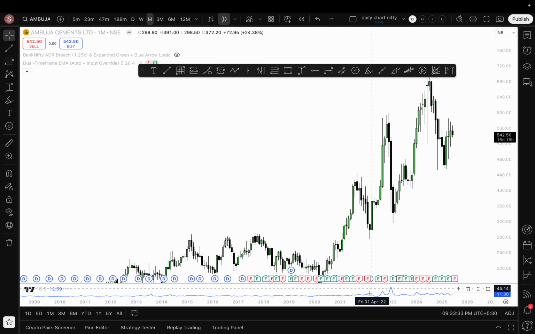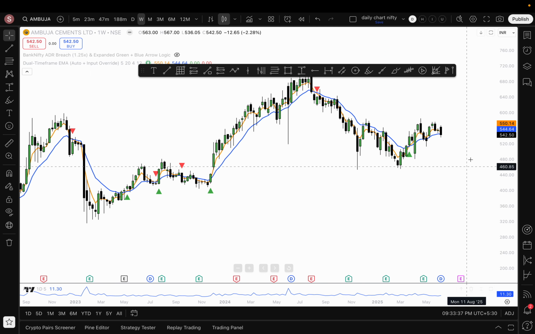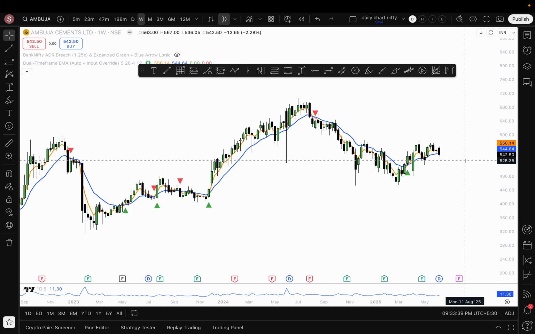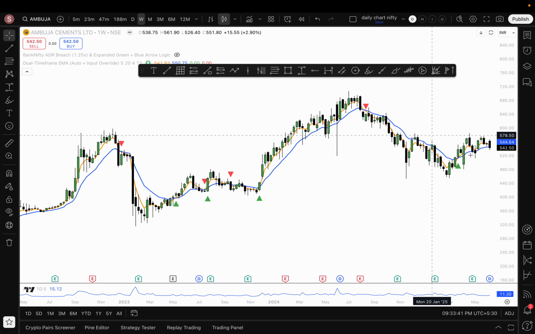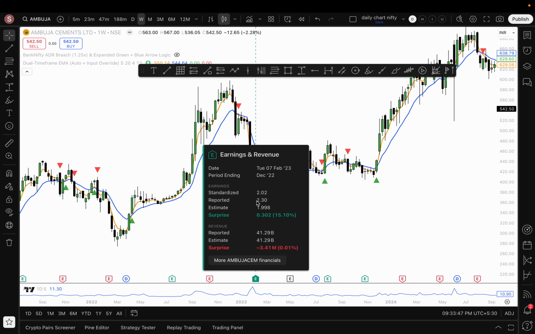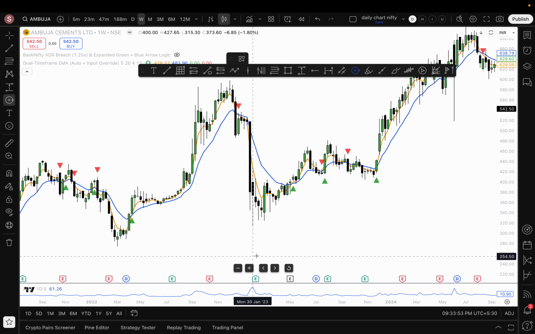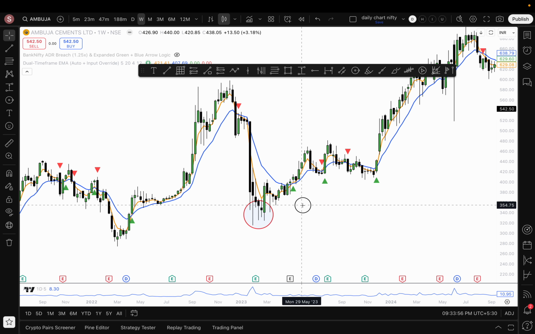We'll consider monthly. I think weekly is really better. You'll actually see that usually the earnings months are the bottoms or the tops. That means here, whatever earnings is this, this is 22 December, which is the low for now. As you can see, this is the low.